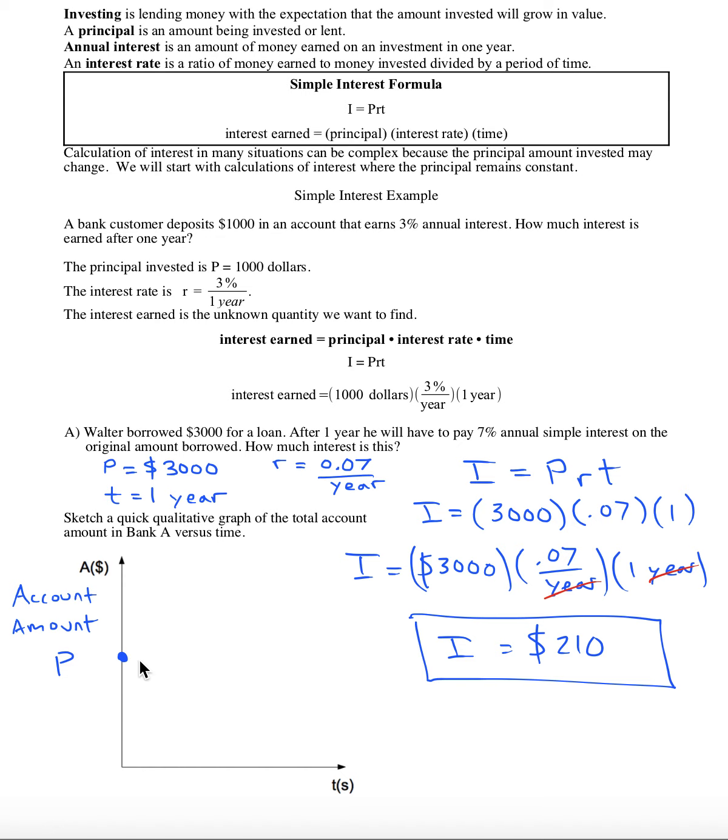Now, if no interest was earned, then that amount would stay constant throughout time. It wouldn't change. But with simple interest, we see that it does grow. It will grow in a linear way. And it'll continue to grow throughout time.